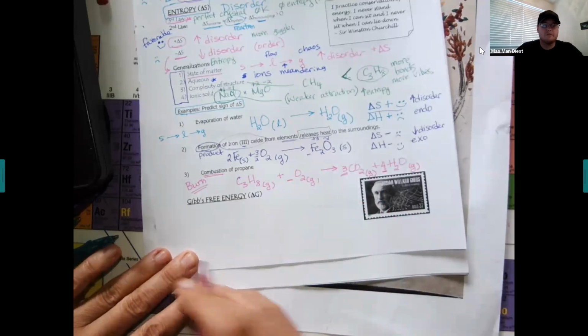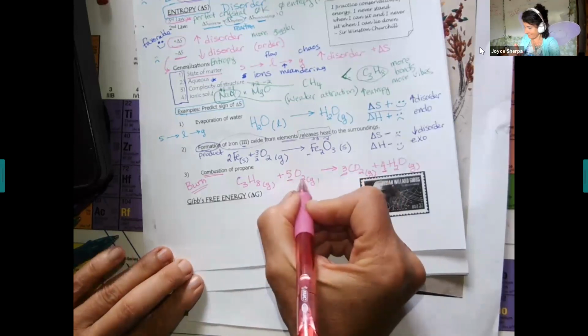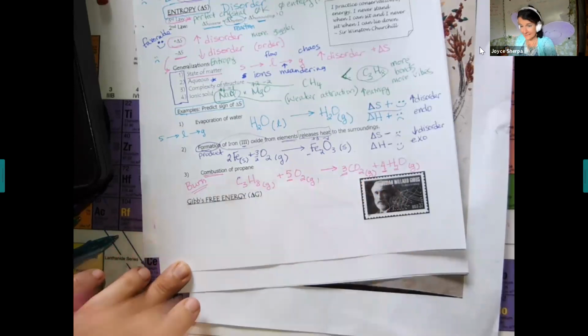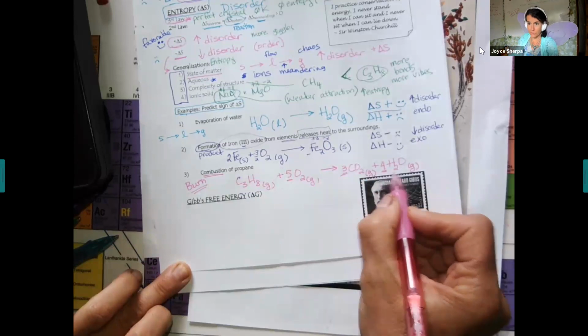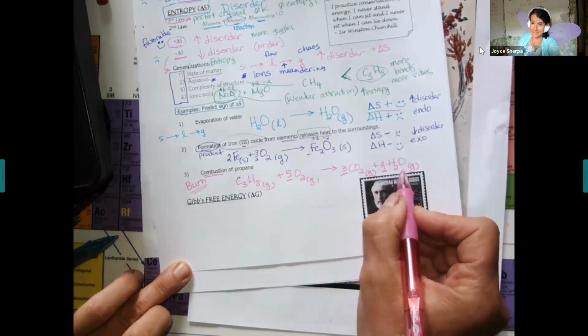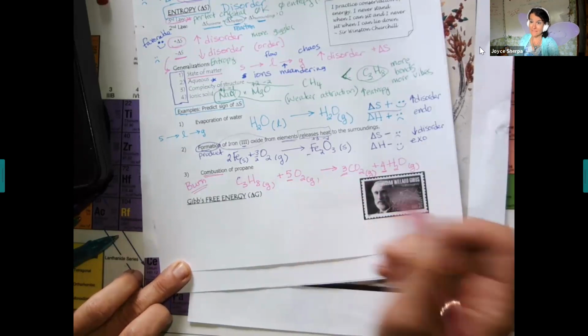It is 5. So 5 times 2 will give us 10. This will give us 3 times 2, which is 6, plus 4 from the waters. Each water has 1. So we have 10 oxygens on each side. We need to have it balanced to be able to do the delta S. Delta H.